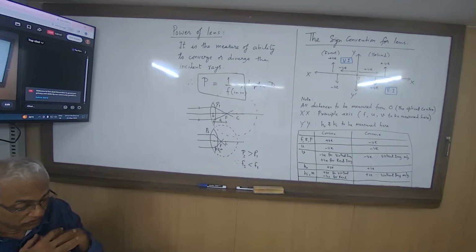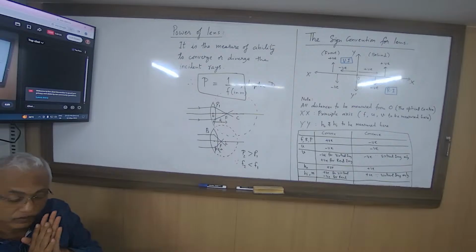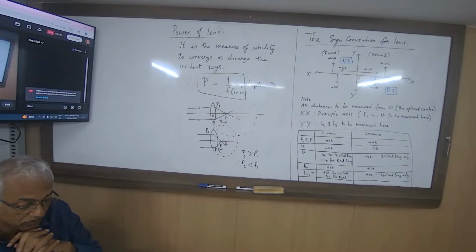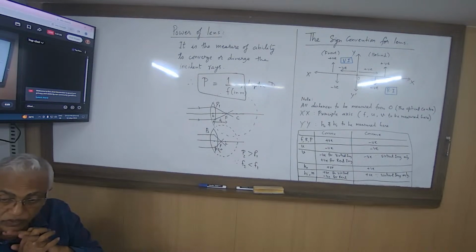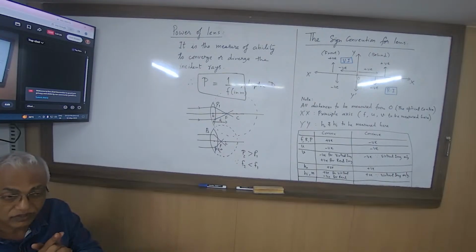Okay, question 7, have we discussed? Read question 7. How do the frequency and wavelength change when light passes from an optically rarer to an optically denser medium? Have we discussed it during the theory? What happens to the frequency of light? Frequency remains constant.